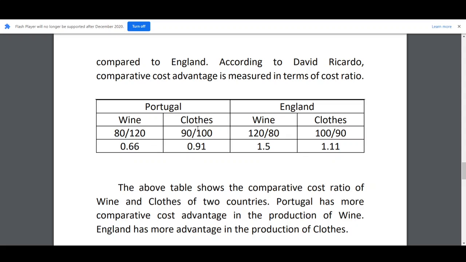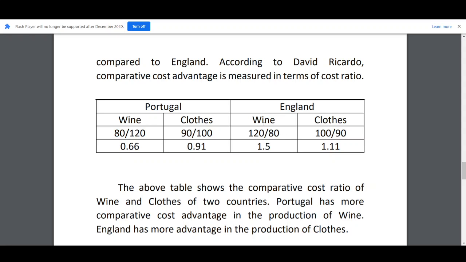And in the case of cloth, we are comparing 90 units of labor hour in the case of Portugal, and in the case of England 100. Isn't it? So what will be the cost ratio? 0.91.